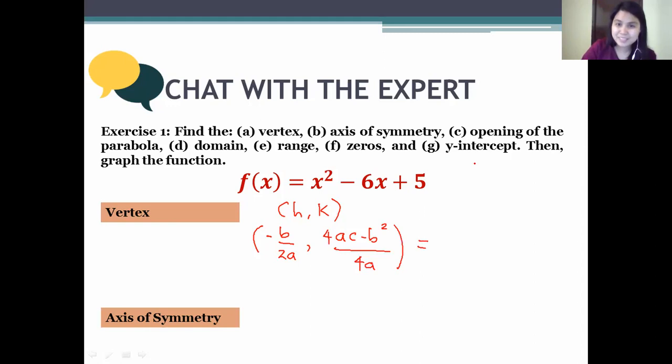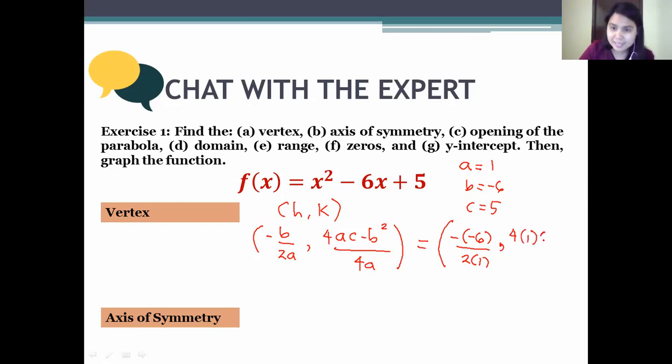Let's solve. Remember, our a is 1, our b is negative 6, and our c is 5. So let's have negative of negative 6 over 2 times a. For the k, 4a, c is 5, minus b squared, negative 6 squared, over 4a.